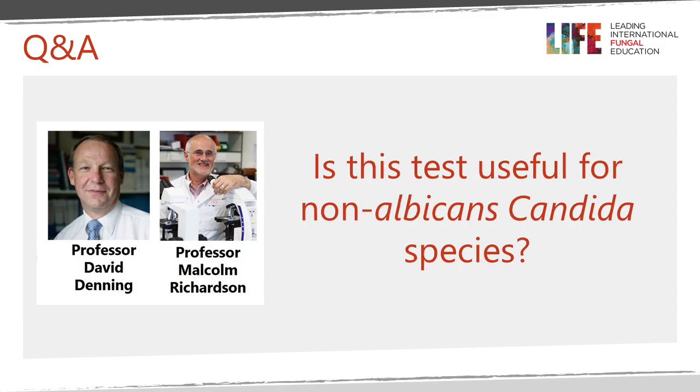How useful is this test for candidemia caused by non-albicans species? Beta-D-glucan is found in virtually all the Candida species, as far as I know. I haven't personally seen data, but you might know, Malcolm, on Candida auris, which is a little bit distant from some of the other species, as is Candida glabrata.